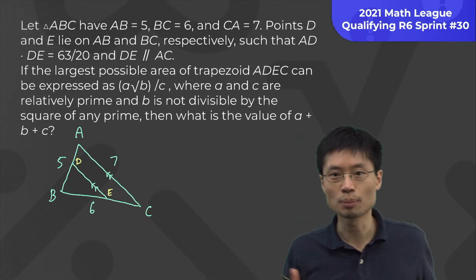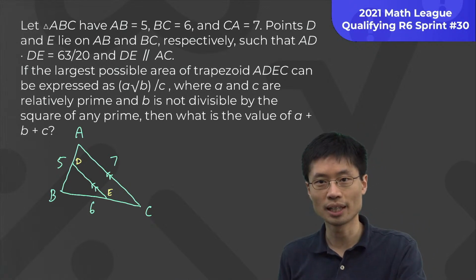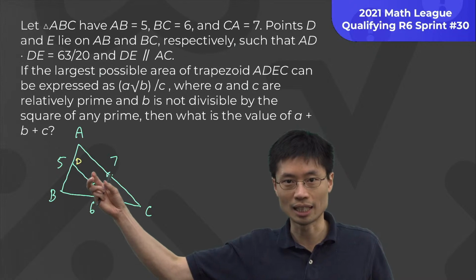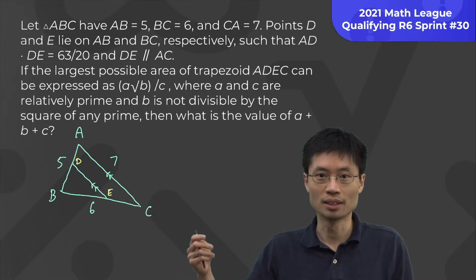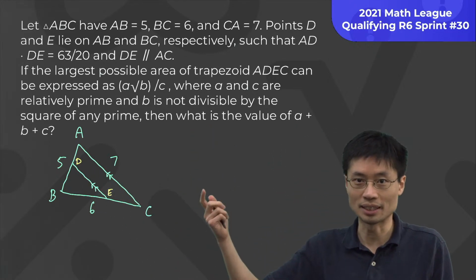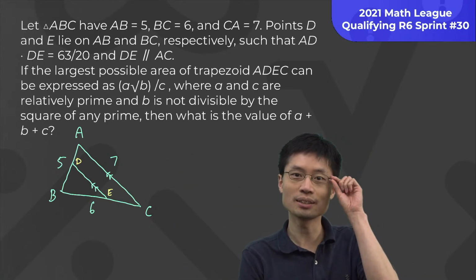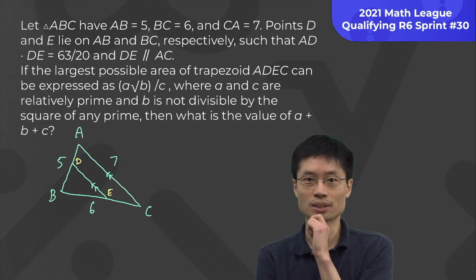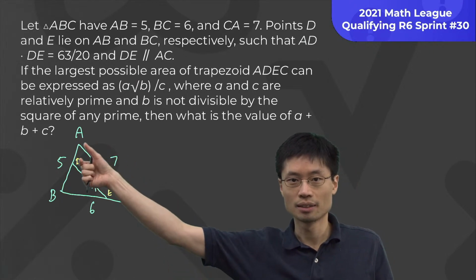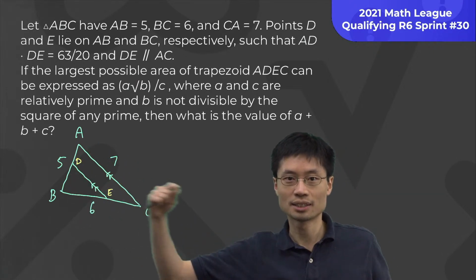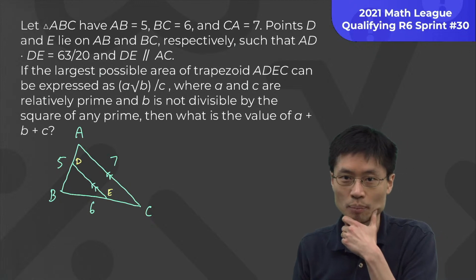If the largest possible area of trapezoid ADEC can be expressed as something, so I want to make this thing as big as possible. I'm supposed to go and figure out A, B, and C. This is just like reporting your answer when you have some square roots. So the real game is, I want to have that this times this is 63 over 20 while also being parallel.